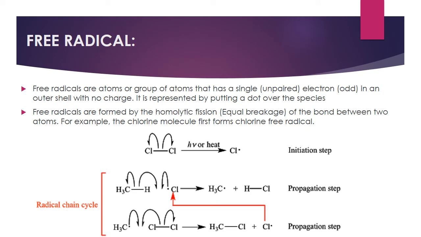Because a homolytic fission took place over here, and as a result carbon takes its unpaired electron back. Now this is an unpaired electron, so we will show it with a dot on that species. So this is a free radical, methyl free radical you can say, and chlorine will form a bond with hydrogen in the same way by sharing one electron from each side and form a covalent bond.